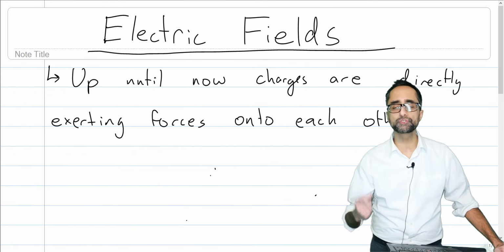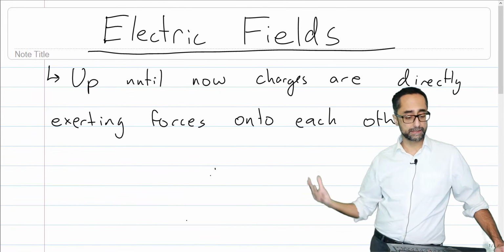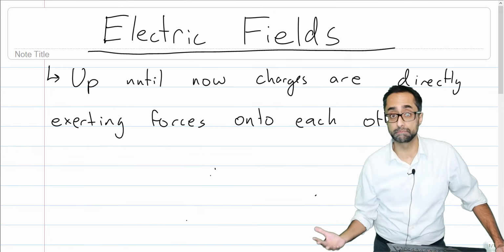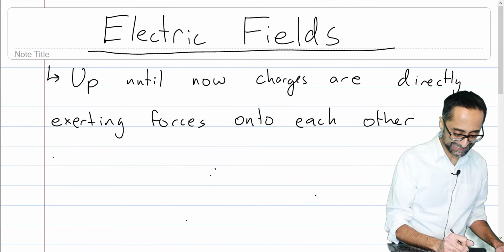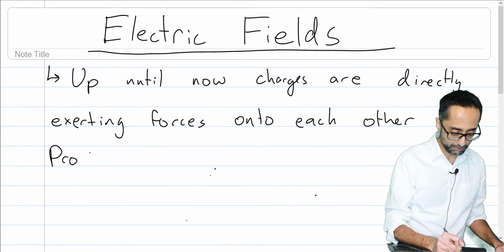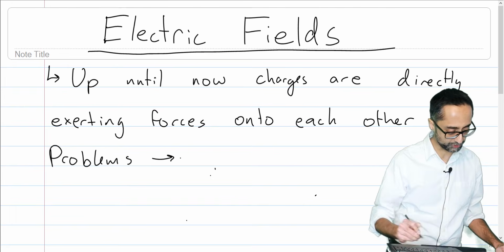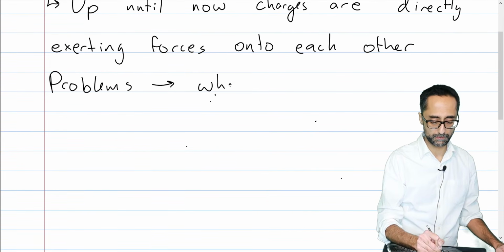There are problems associated with assuming that it is directly applying the force, despite the charges not touching or anything like that. So it's a direct force at a distance. But our problems include answering the question, what is the mechanism of the electric force?